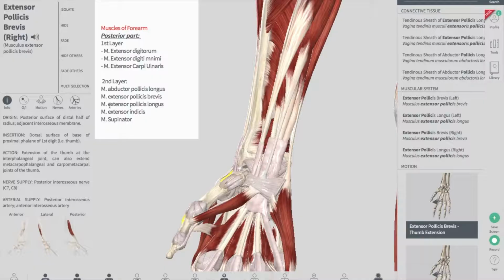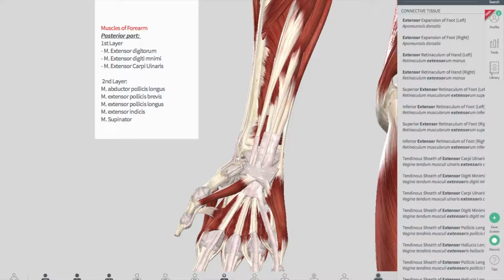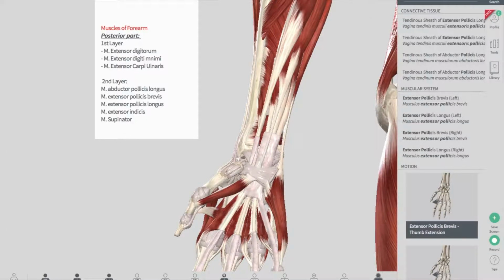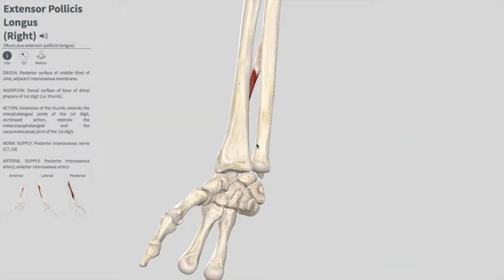So, and then the third muscle, extensor pollicis longus. Extensor pollicis longus, you can kind of imagine the function of this one as well. Let's go ahead and search for it. Extensor pollicis longus, right, here we go. This is the one.